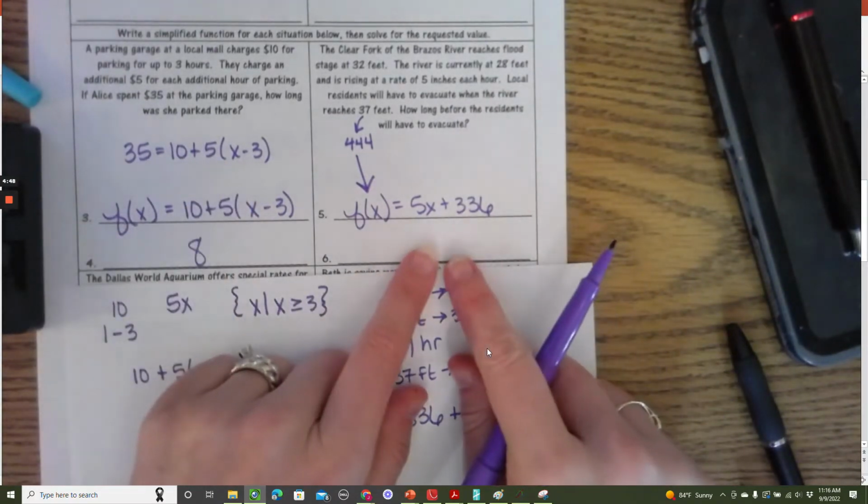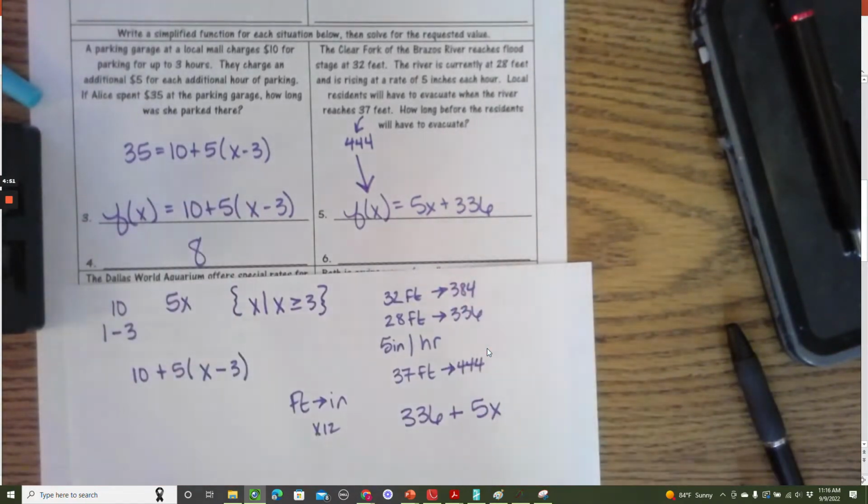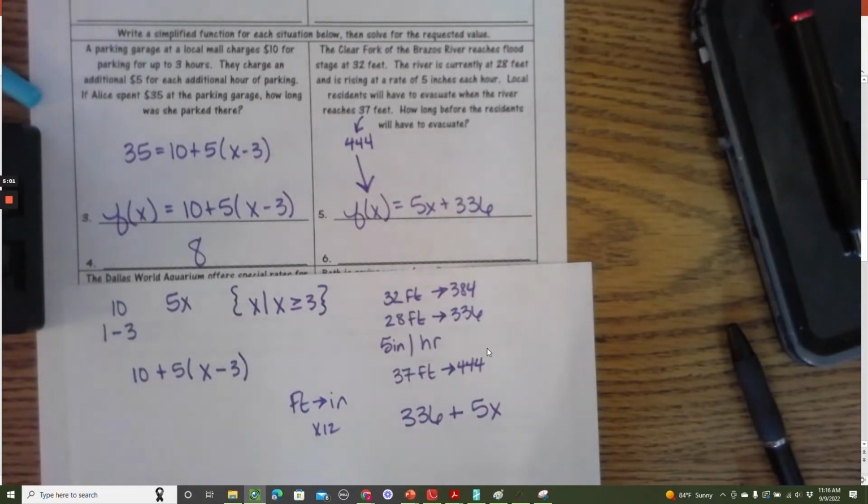Okay, on a problem like this, can my answer be a decimal? Because your answer is going to be like so many hours, right? Could you say like 3.2 hours? Yeah, you could say 3.25 hours. That would be 3 hours and 15 minutes.